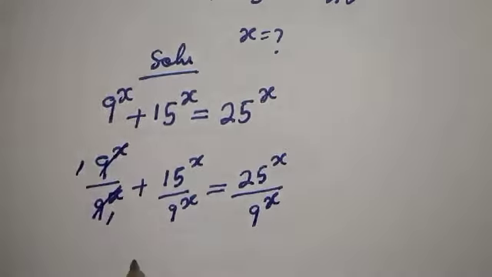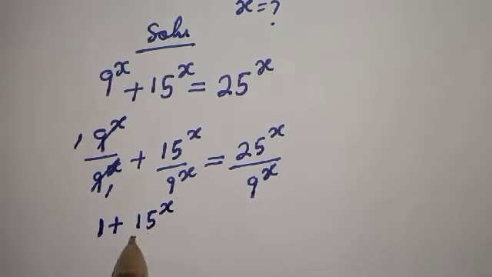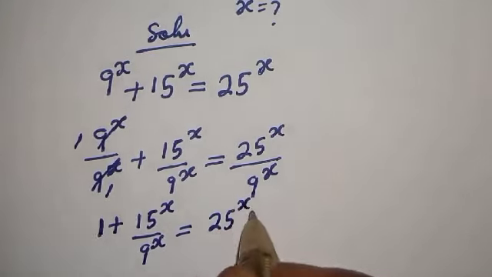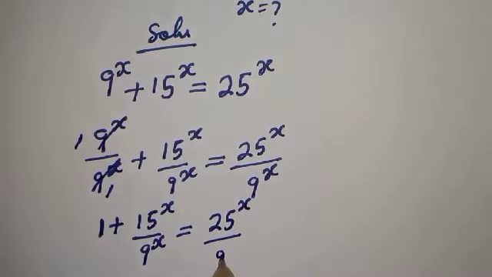1 plus 15 raised to power s over 9 raised to power s is equal to 25 raised to power s over 9 raised to power x. Then 3 goes in this, 3 here, 5.